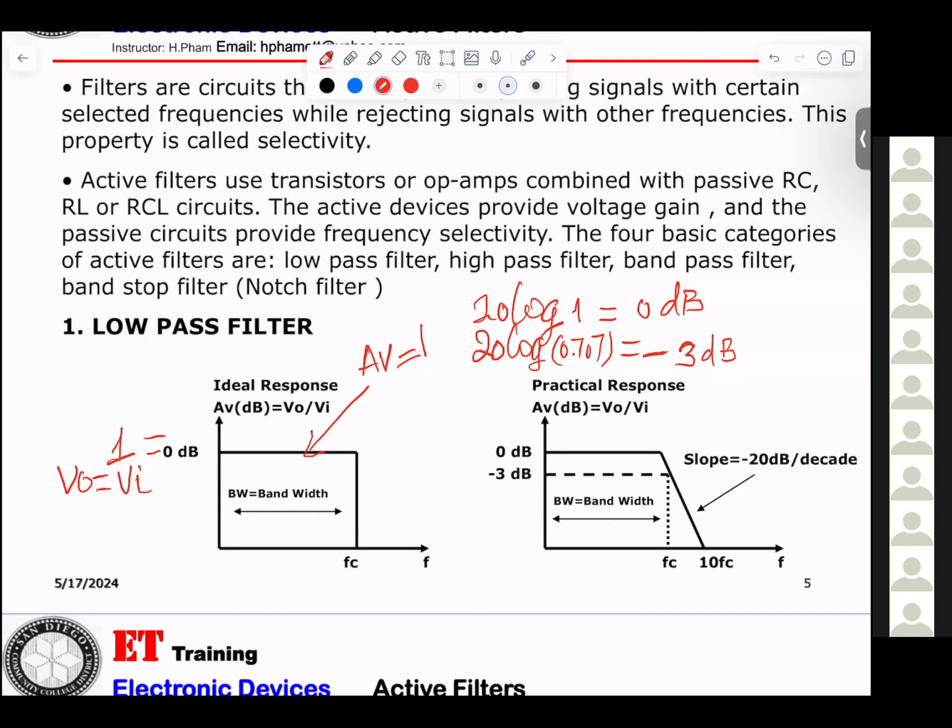So 0 dB is equivalent to 1, or -3 dB, you must understand, is equivalent to 0.707.